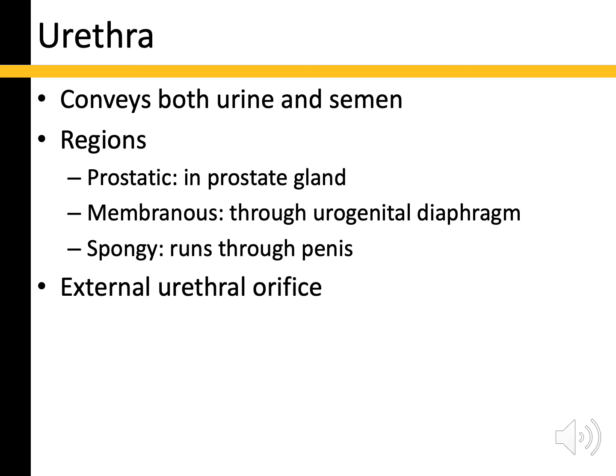Then there's the membranous urethra, which is just the area that's going to pass from the inside of the body to the outside of the body through the urogenital diaphragm. And then the spongy urethra is going to go through the bulk of the penis until it gets to the external urethral orifice, which is the output.